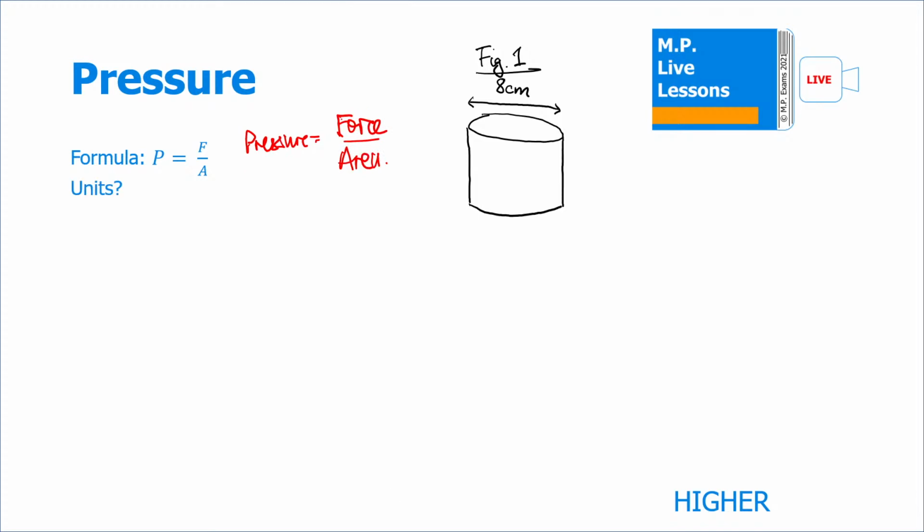And you'll have these compound units, so the pressure depends on its unit, which would be the unit for force divided by the unit for area. So for example, you can have newtons per meter squared.